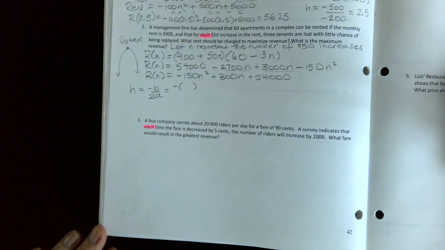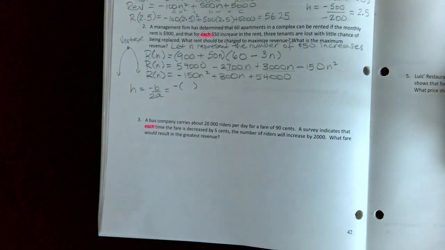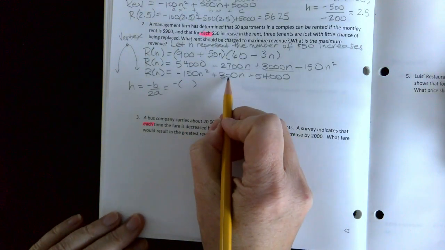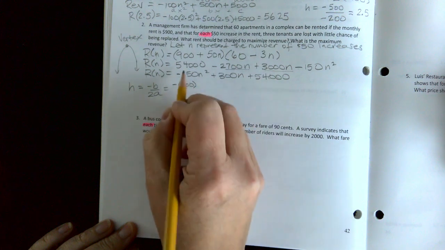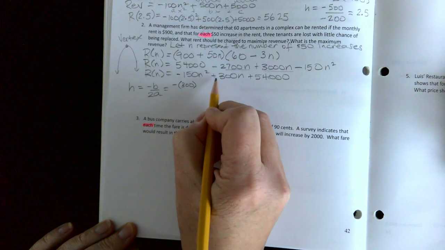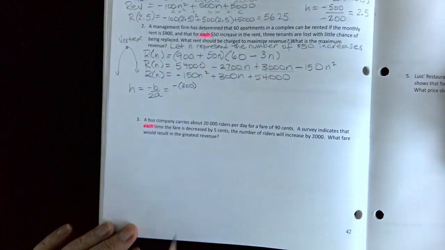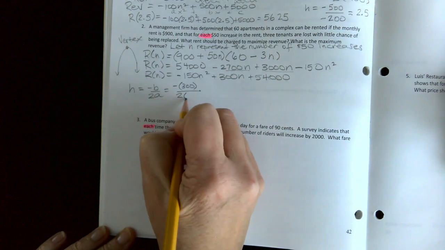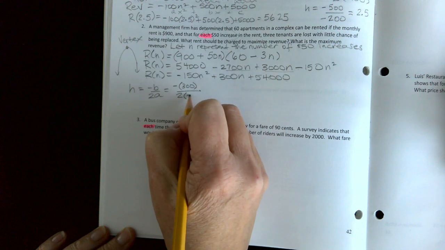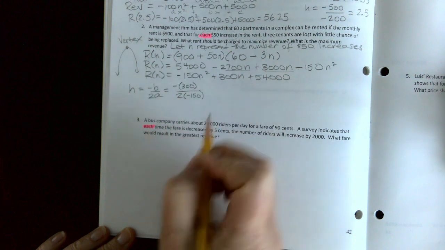What is the b value? Well, it seems quite clearly to be 300. This is a, like the x squared, plus bx plus c. So this is the b over 2a. The a value is obviously negative 150.